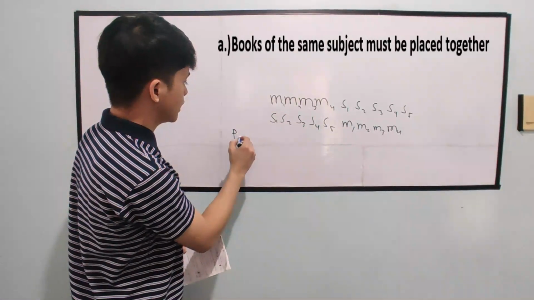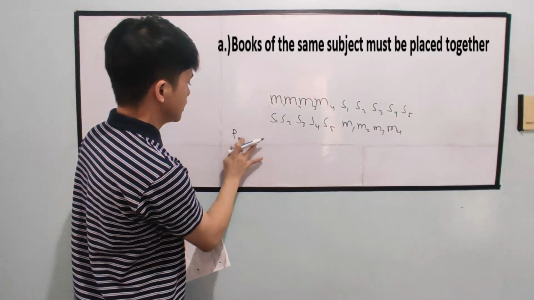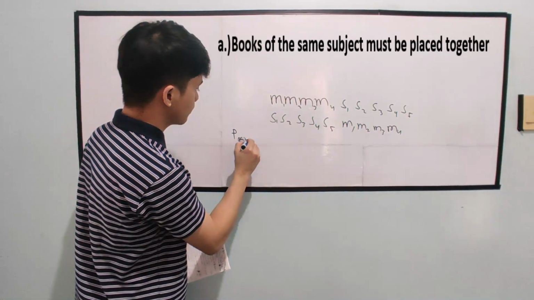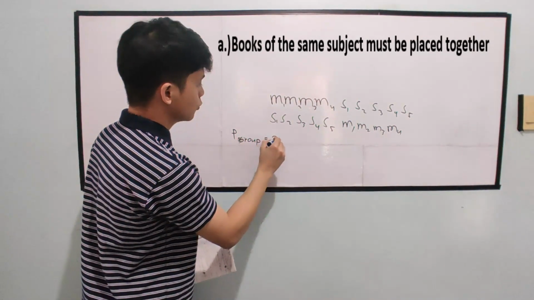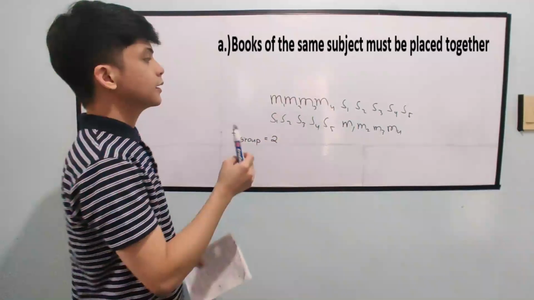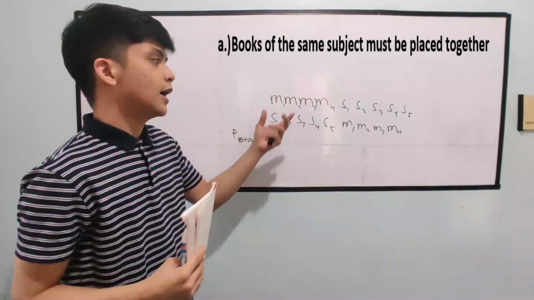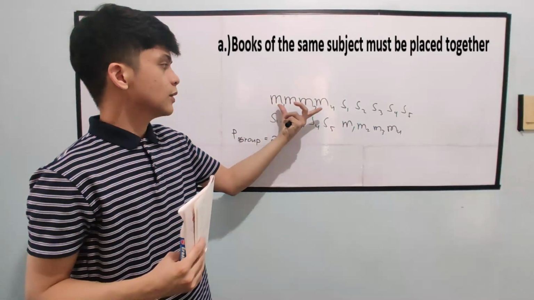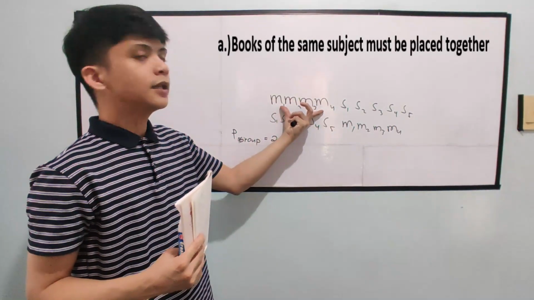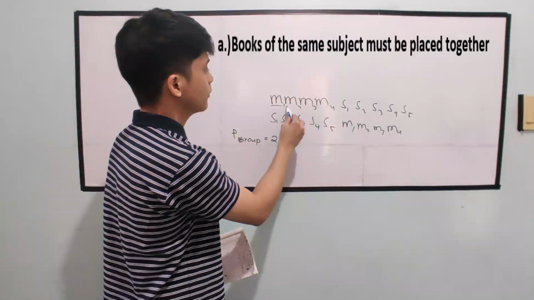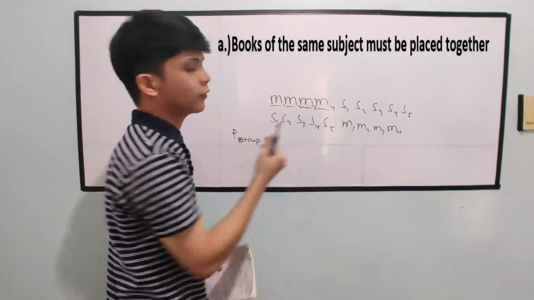So, yung arrangement nila sa group is 2 ways. Then, ma-arrange pa natin sila individually, okay? So, yung mga math, ma-arrange natin sila in, so, meron siyang 4 available position, meron tayong 4 object na i-arrange.